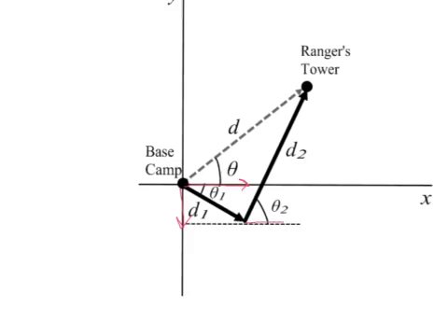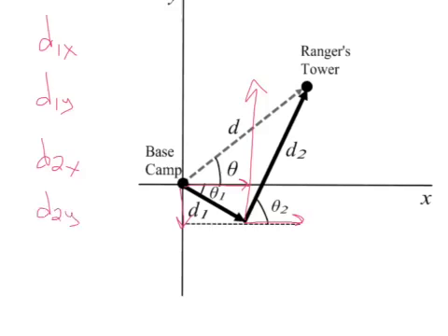D2 has a component in the x direction and a component in the y direction. We're going to call the x component of D1 D1x, the y component of D1 D1y, the x component of D2 D2x, and then we'd have D2y.